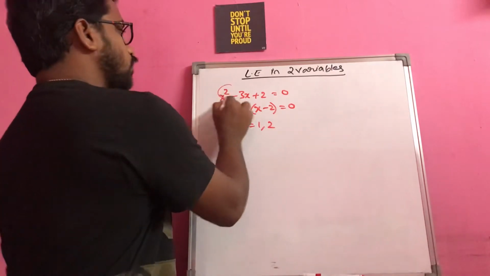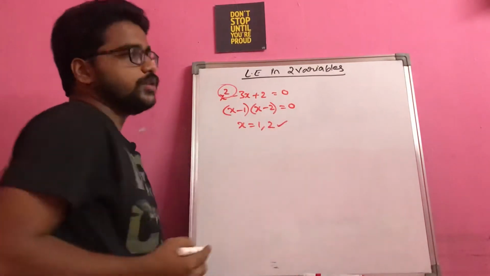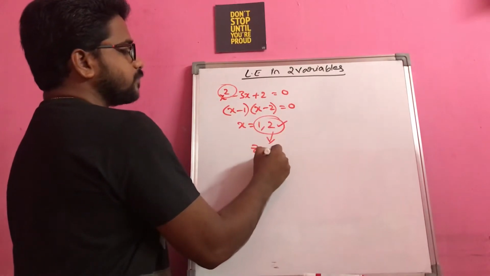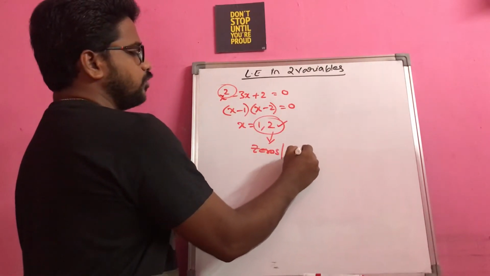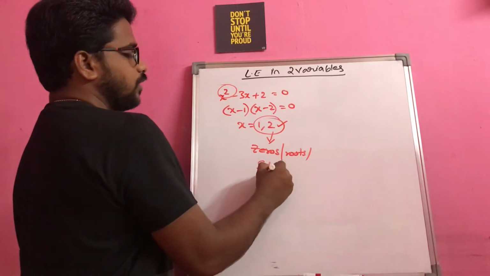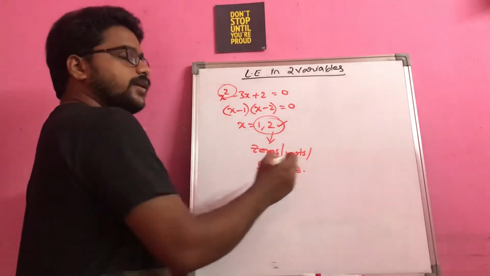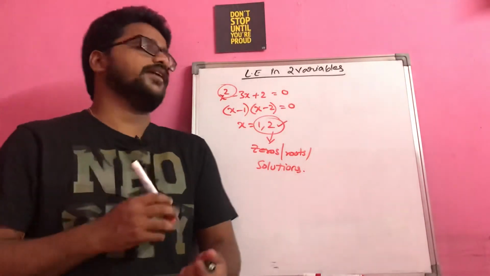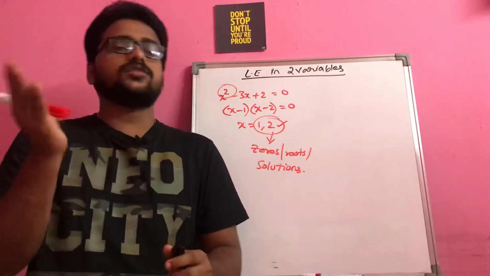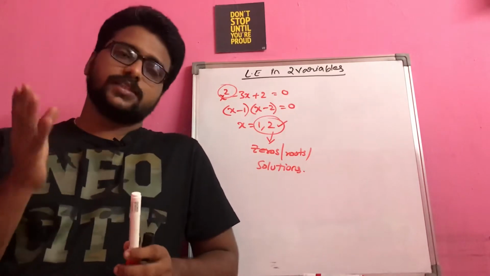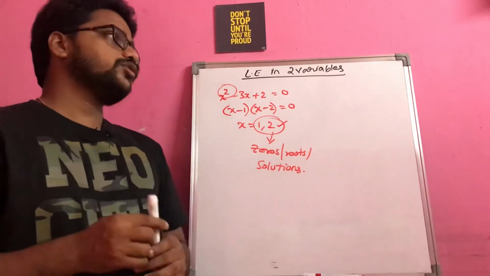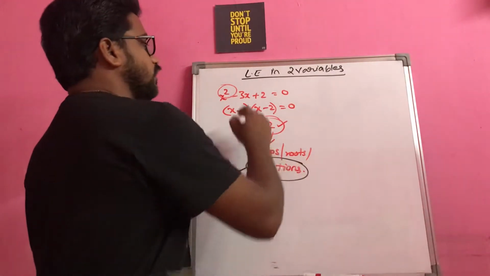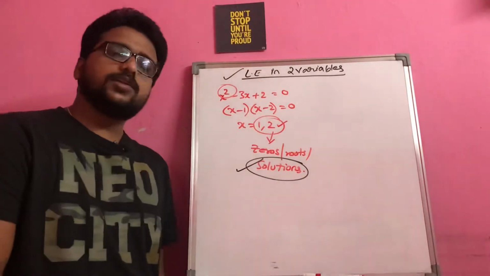So as this is a quadratic equation, you are getting two zeros here, and these two we name as zeros or roots or solutions. All these words are almost the same, right? So you can use the same sort of terminology even for the linear equation also, but just to see the differentiation between the two topics, we usually prefer specific terminology, the so-called solutions, for the case of the linear equation in two variables.